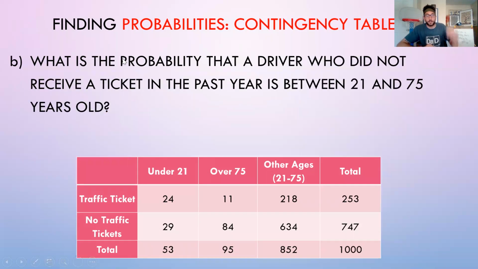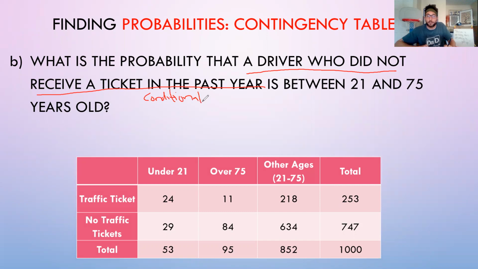All right, B. So now we're looking at what's the probability that a driver who did not receive a ticket in the past year is between 21 and 75. So here we have a little bit of a different situation, because here we know we're talking about a driver who did not receive a ticket in the past year. This is what we're going to call conditional probability.